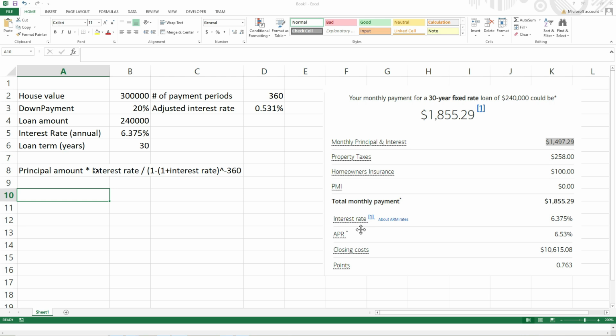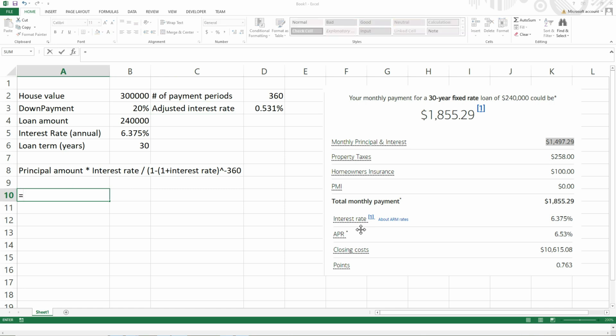Now let's put our values into this equation. Our principal amount here is our loan amount, which is 240,000, and our interest rate will be the adjusted monthly interest rate that we have calculated, because we are calculating monthly mortgage payments.